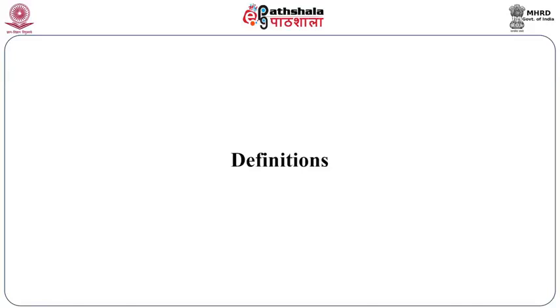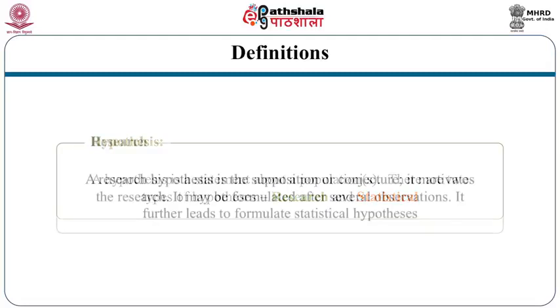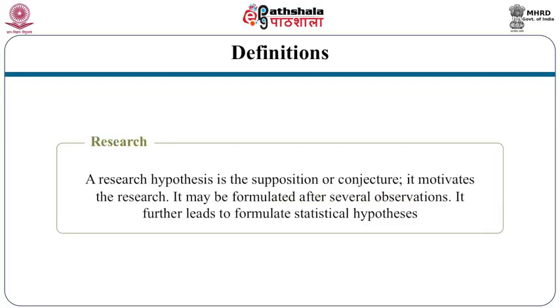Let me define now some other important terms in testing of hypothesis. What is a hypothesis? First of all, it is a statement about a population. There are two types of hypothesis, research and statistical. A research hypothesis is the supposition or a conjecture. It motivates the research.